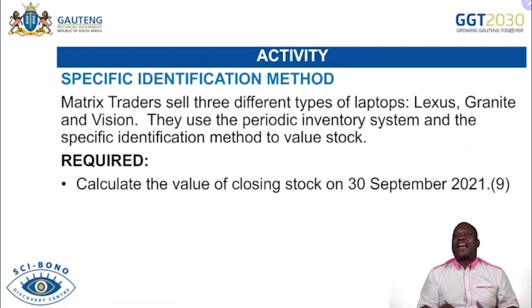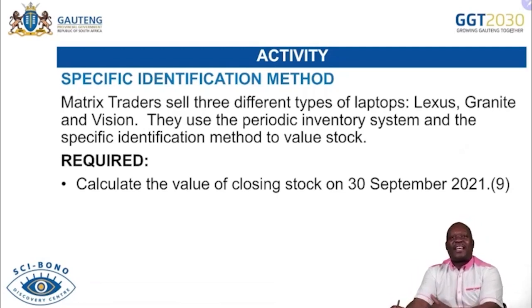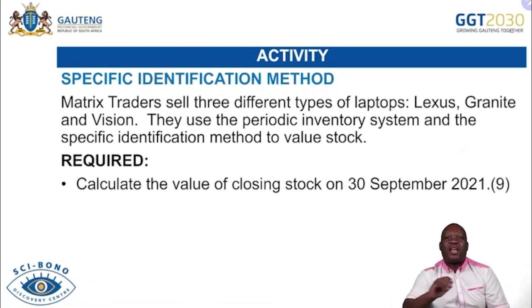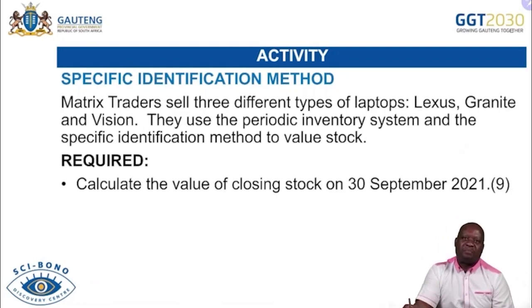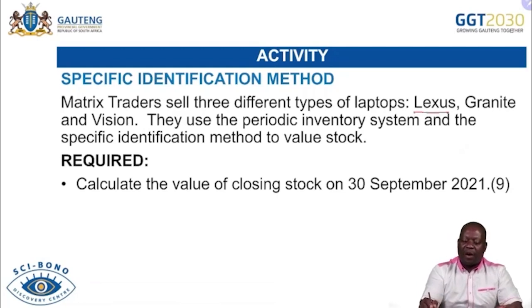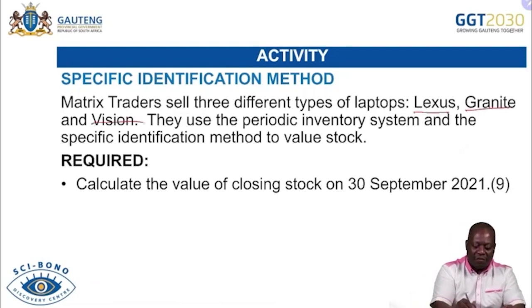So it means they are going to have a physical stock count at the end of the period, and then they value those items using specific identification. So they need to specifically identify which one we are dealing with. Are we dealing with the Lexus laptop, the Granite laptop, or the Vision laptop?